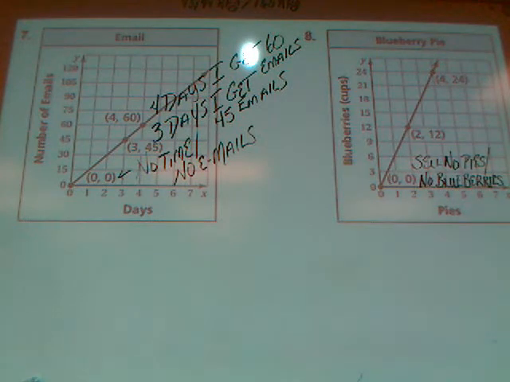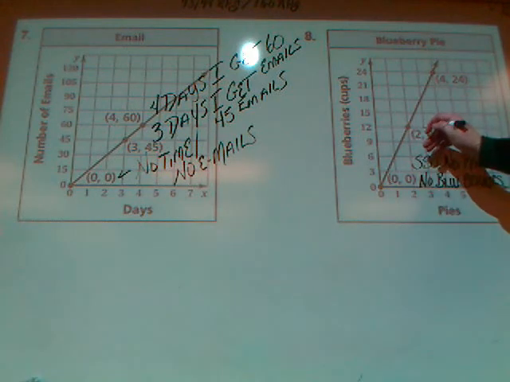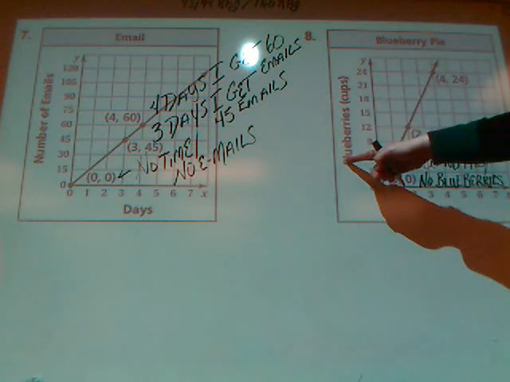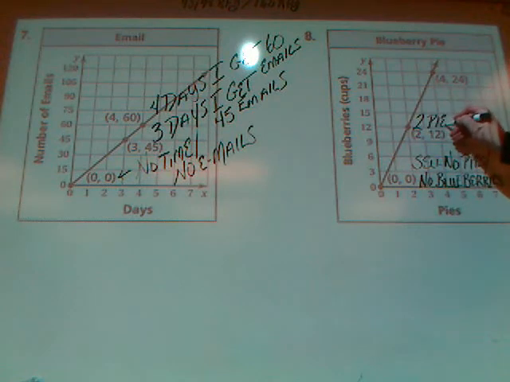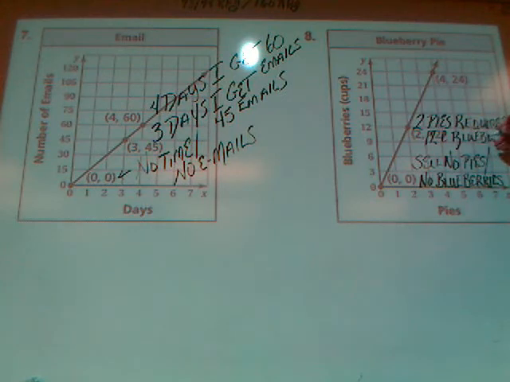So as we look at 2, 12, we look at the x-axis to know that's the 2, so that's 2 pies. And then we look at the y-axis for the 12, that's clearly the number of cups of blueberries. So 2 pies requires 12 cups of blueberries. Now I'll go look at my other point, the 4, 24.